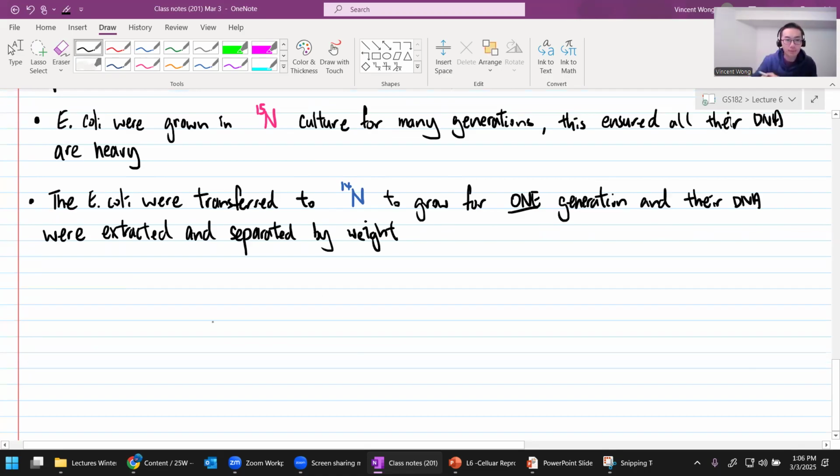So before we move on, let's try to understand the possible outcome. Again, we have our test tube right here. See if I can draw it a little bit better. And there is the test tube.